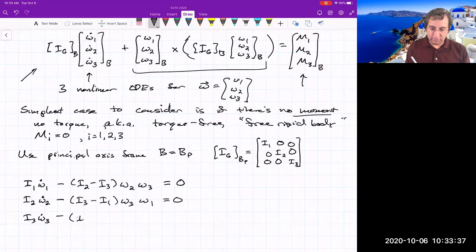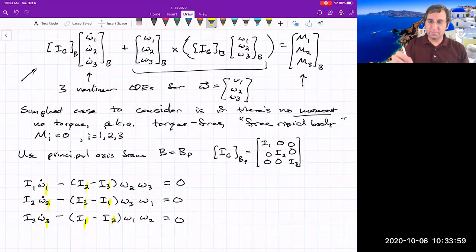Where the 3 was, we now have a 1, and we have I1 minus I2 times omega 1 omega 2 equals 0. Notice this pattern of 1, 2, 3, 1, 2, 3. Kind of neat.